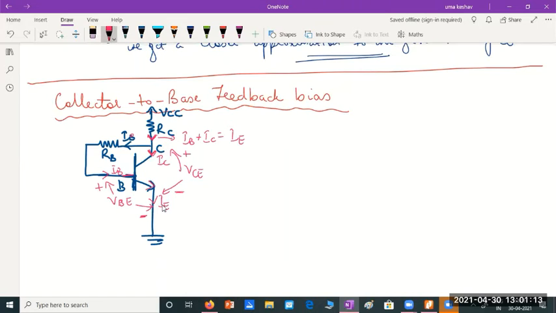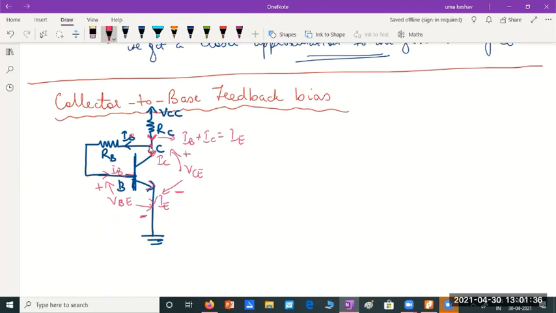So this is the circuit of collector to base feedback bias. Since there is a resistor RB connected from collector to base, and part of the output current flows as the base current or the feedback current, this is called feedback bias.